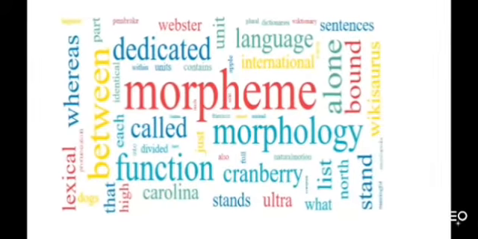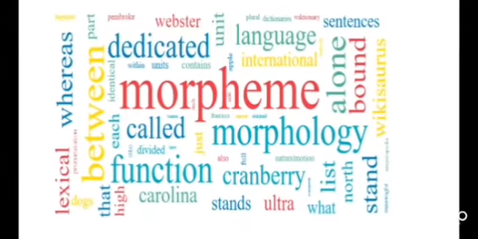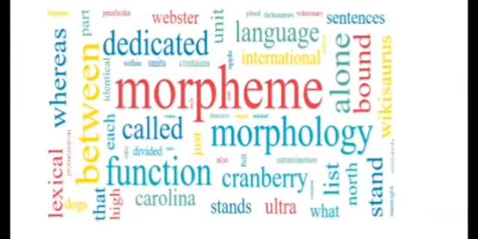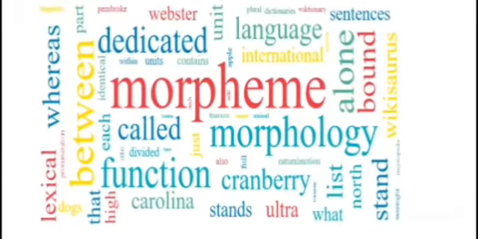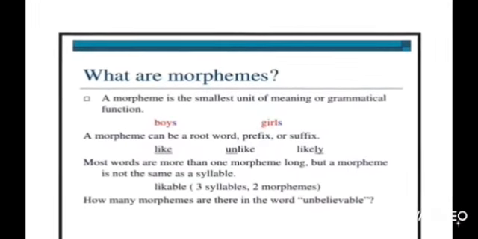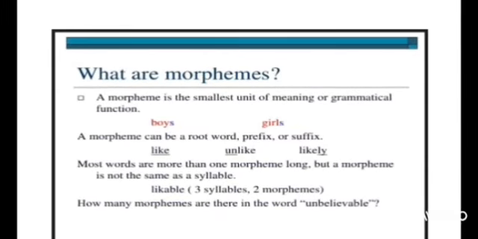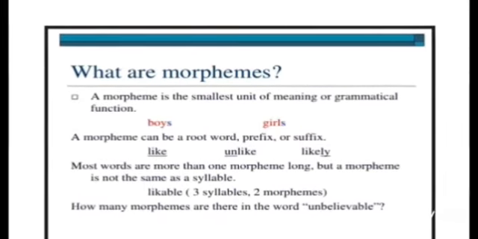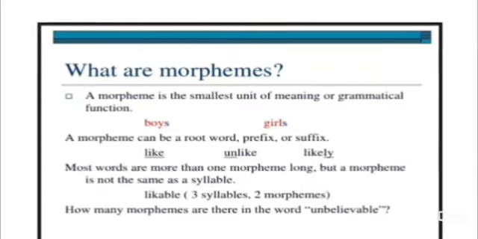Morpheme. Linguists define a morpheme as the smallest unit of language that has its own meaning. What are morphemes? A morpheme is the smallest unit of meaning or grammatical function. For example, boys, girls.